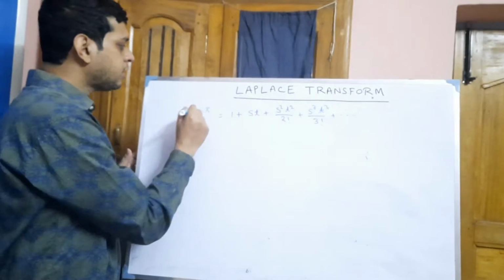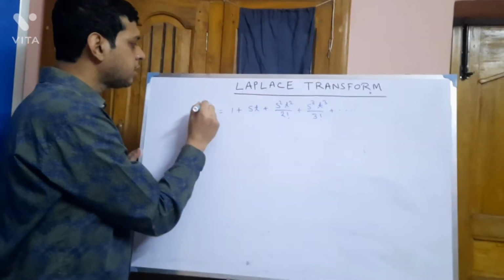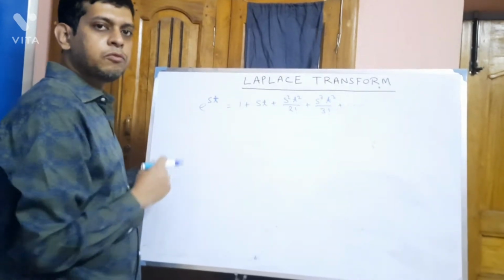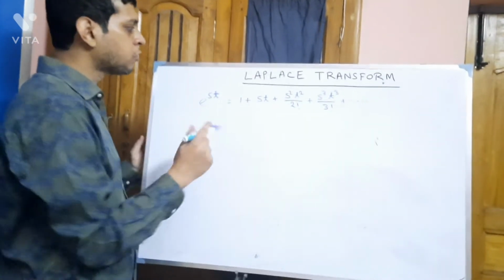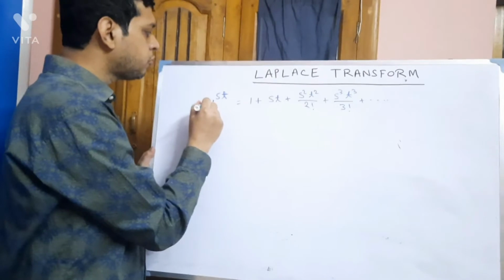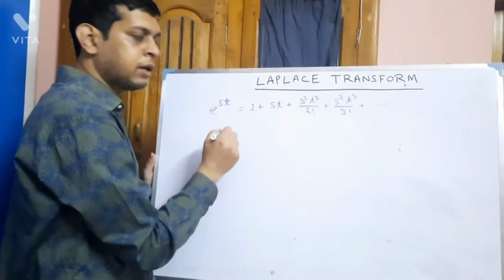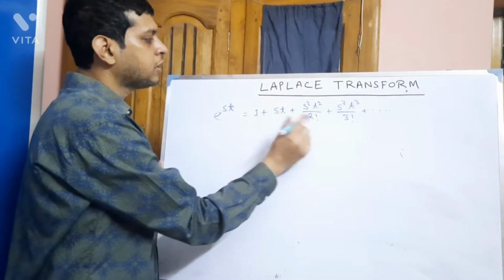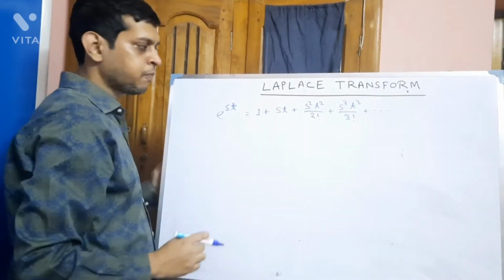Now as e to the power st is a quantity, it must have one particular dimension. So this dimension should be equal to the dimension of 1 plus the dimension of st plus the dimension of this quantity and so on.